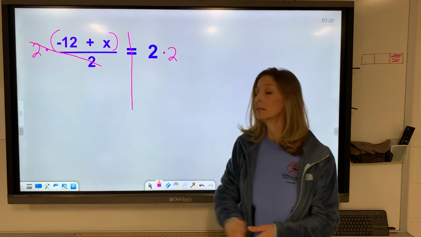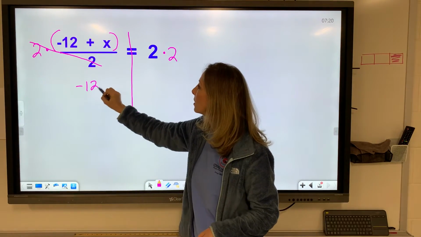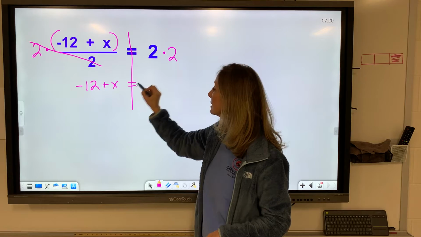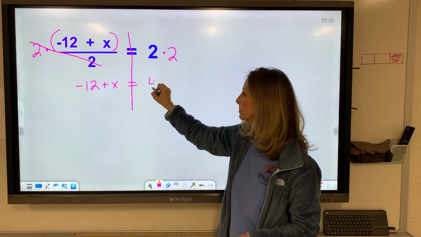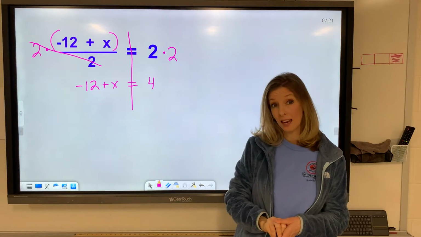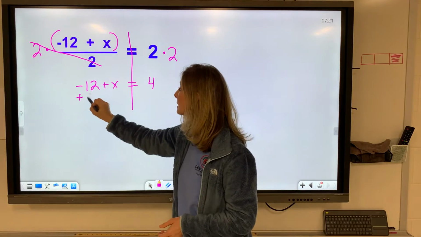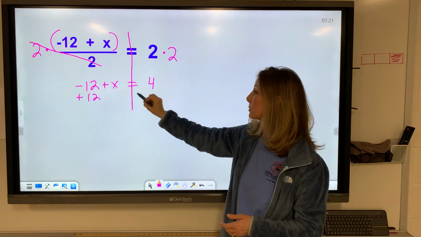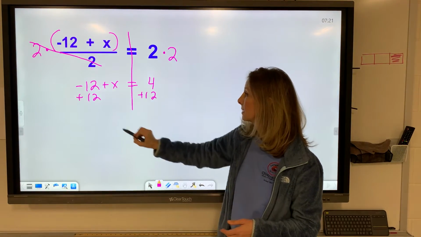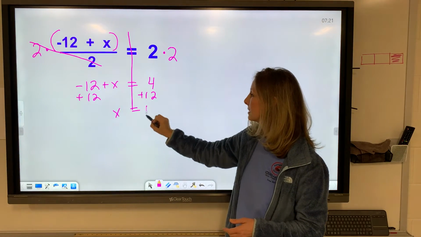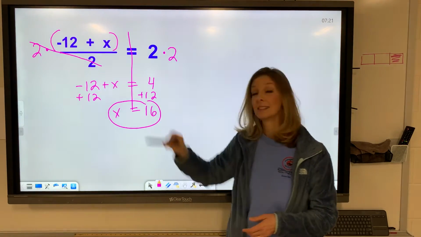My 2's cancel. I am left with negative 12 plus x equals 4. The inverse of negative 12 is positive 12, so I will do that to both sides. I end up with x is equal to 16.